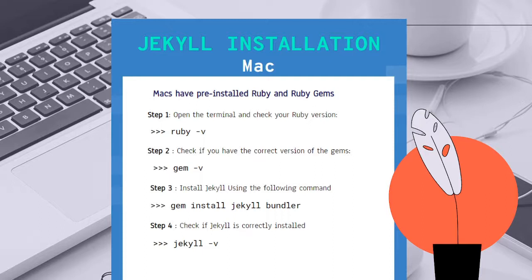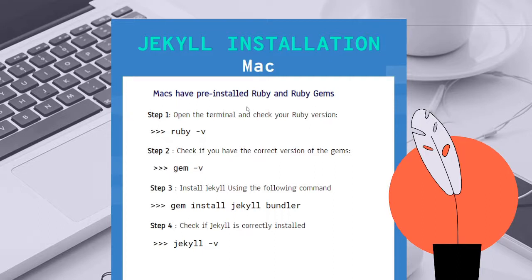So open your terminal and type ruby -v, then the same for gem. And if you're happy with the version you have, you can install Jekyll using the following command: gem install jekyll bundler. Then you just need to check if Jekyll is correctly installed. So that is it for Mac.